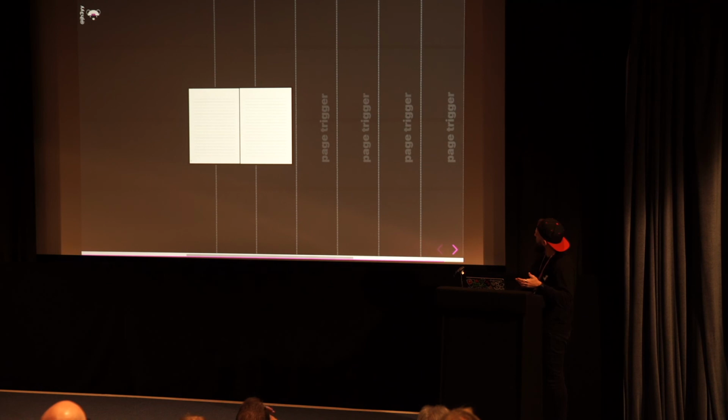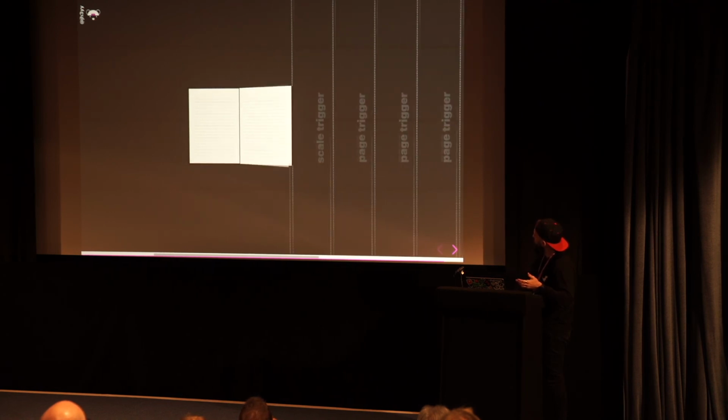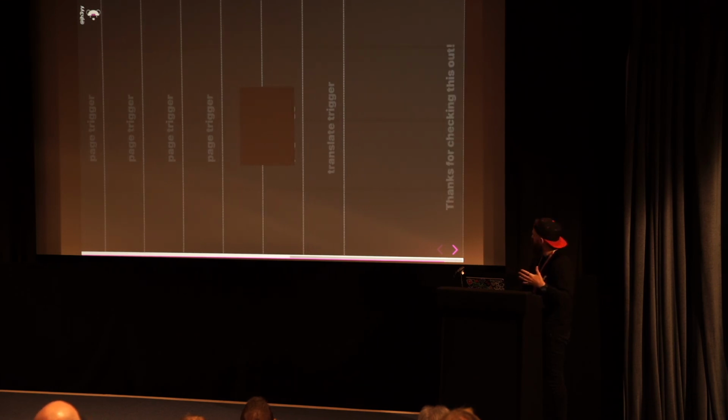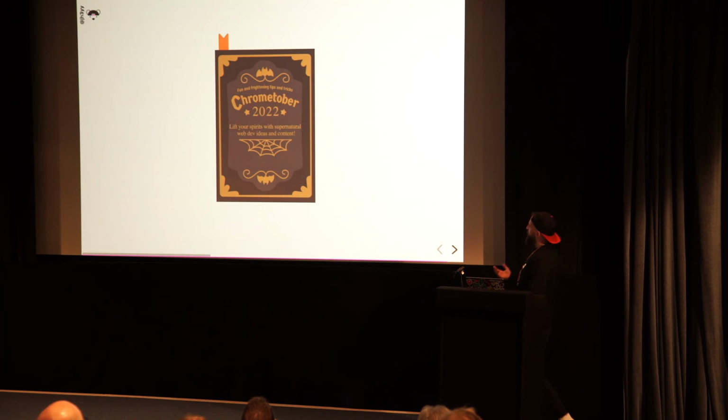So I can use horizontal scrolling, but I've got these scroll snap sections, which link to page turns, which is pretty cool. And the teaser is that next week, my first Google project will hopefully be coming out, which is for Chrometober. And the idea was I had creative free rein on it, and we've all worked together and with an illustrator, and we've come up with this book idea and applied it here.